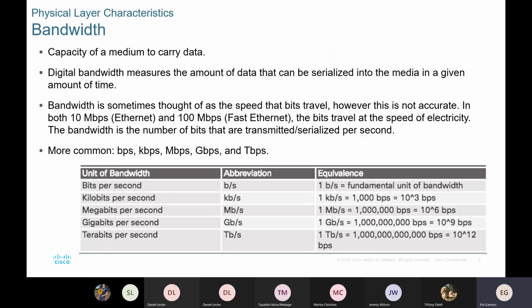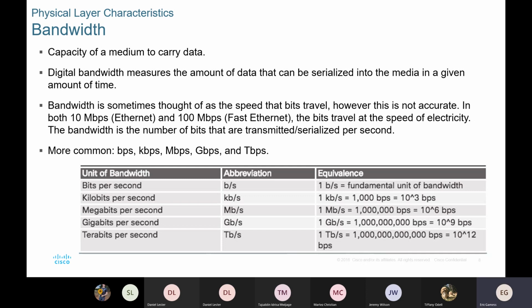Okay, to express the number of bits that I can serialize into the medium, we use something that we call the bandwidth. So the bandwidth is the amount of bits that I can copy or I can serialize into the medium.